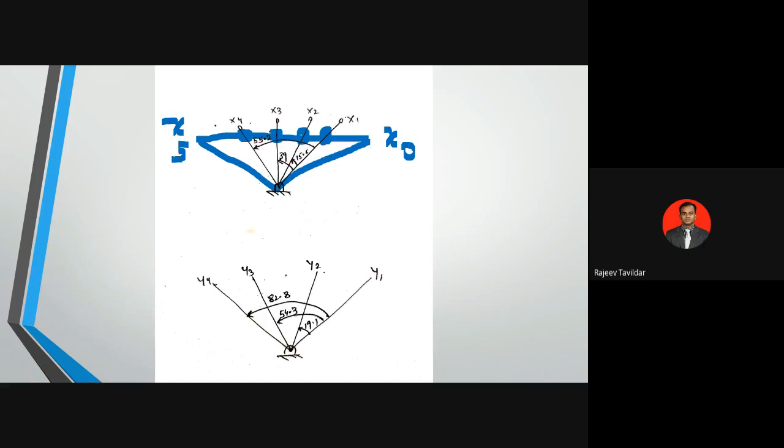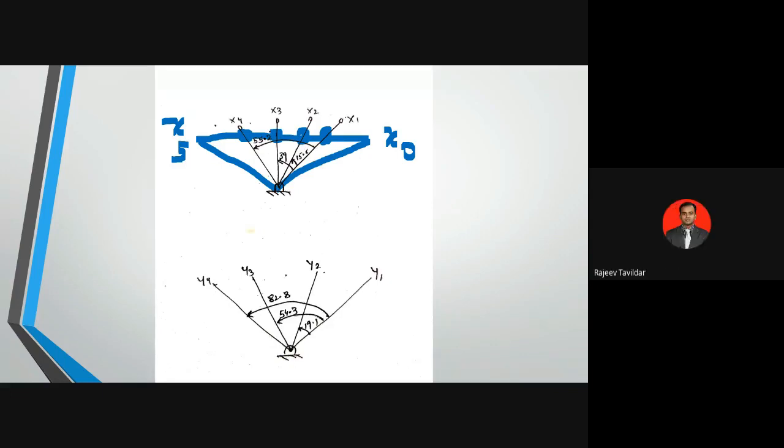Now, this problem can be asked for either 8 marks or it can be asked for 14 marks if you are supposed to do it both graphically and analytically. Excuse me, sir. So we have to show x0 and x5 also. No, not necessary. This is just for your explanation.